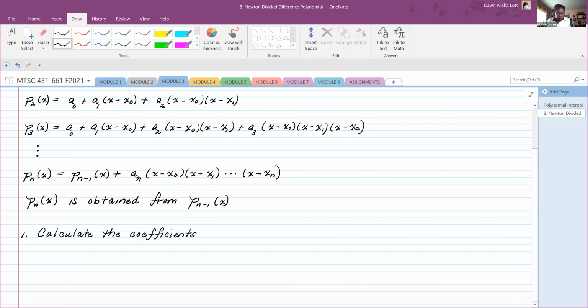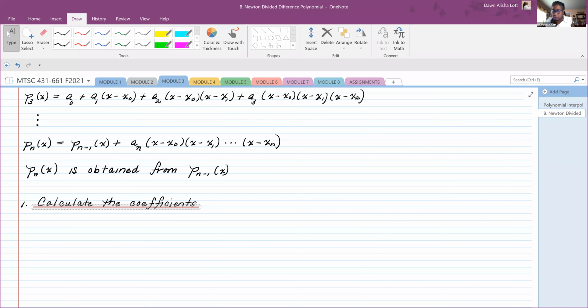In order to do that, we're going to start off with P1 of X is equal to A0 plus A1 times (X minus X0).